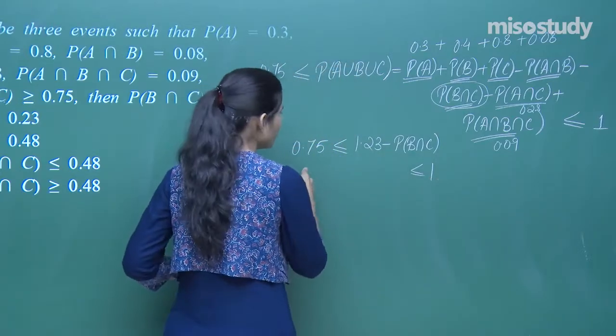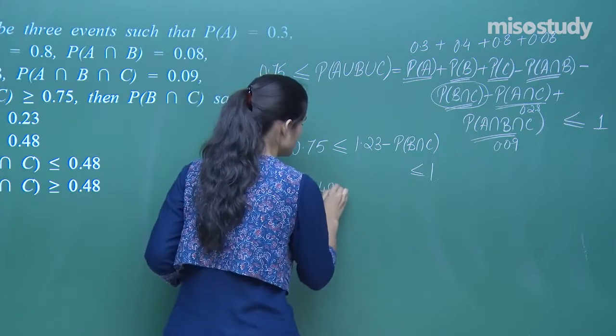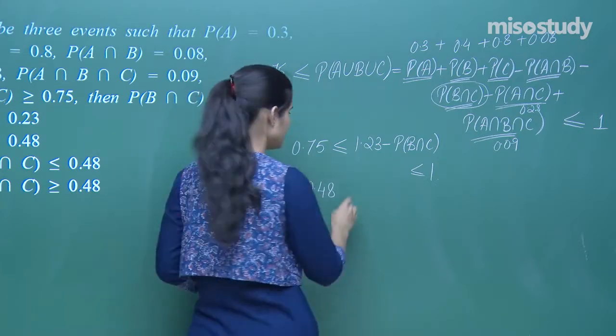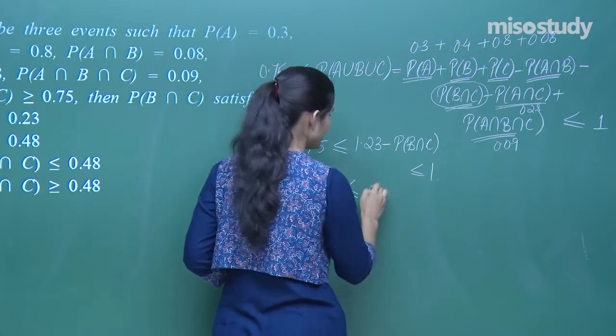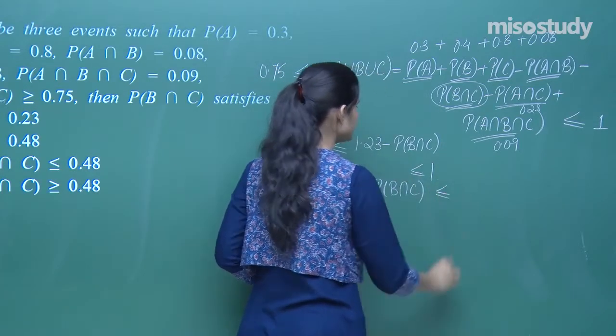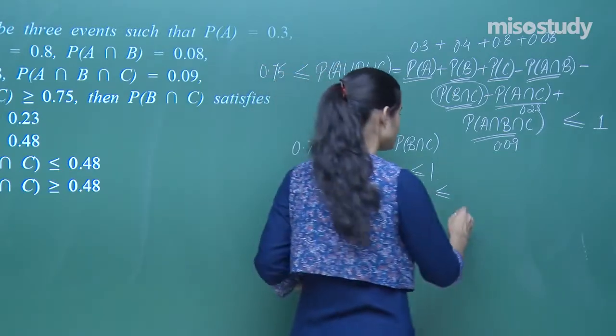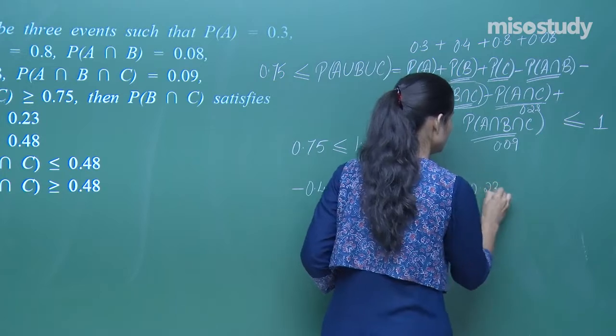So this gives you 0.75 minus 1.23 which is minus 0.48, less than equal to minus probability of B intersection C, less than equal to 1 minus 1.23 which is minus 0.23.